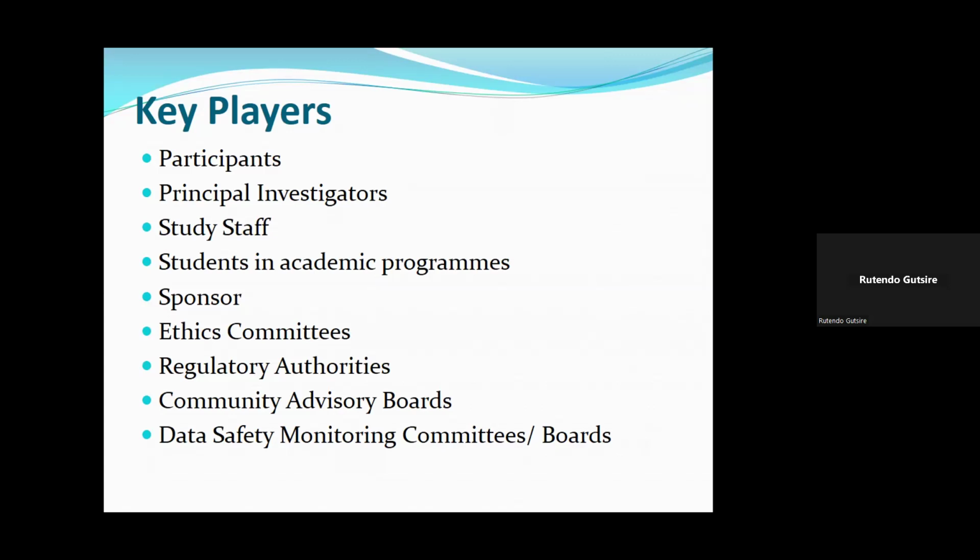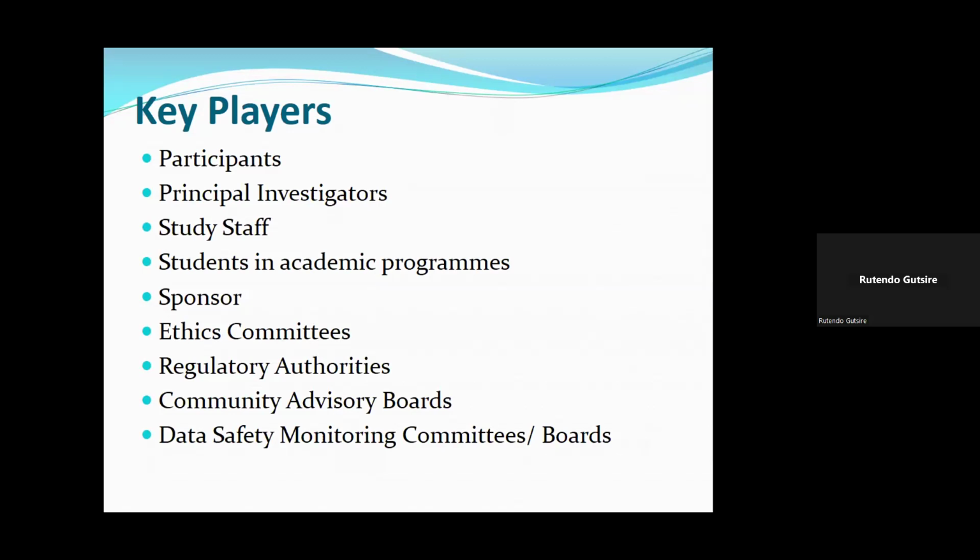So it's to protect both you as a researcher, that you don't go out there and carry out unethical research, and also to protect participants. Regulatory authorities, we do have the ones that mostly control or monitor how drugs are registered. We do have the medicines control authority. I'll talk about it when I give you the research regulatory framework.